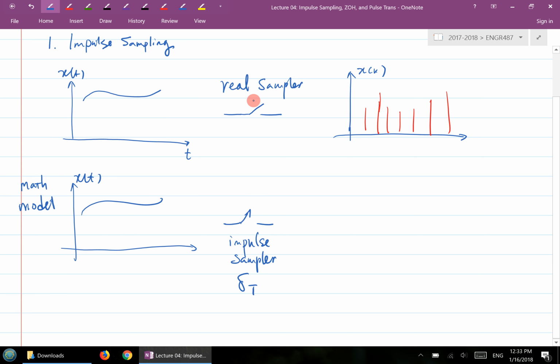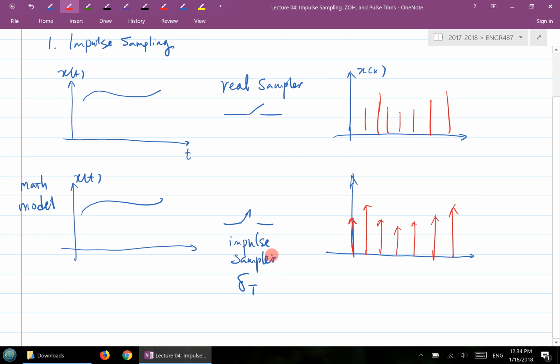What's the difference? You'll see the difference. You pass this continuous signal through this impulse sampler, and what it generates is a sequence of impulse signals. That's what comes out of the impulse sampler.